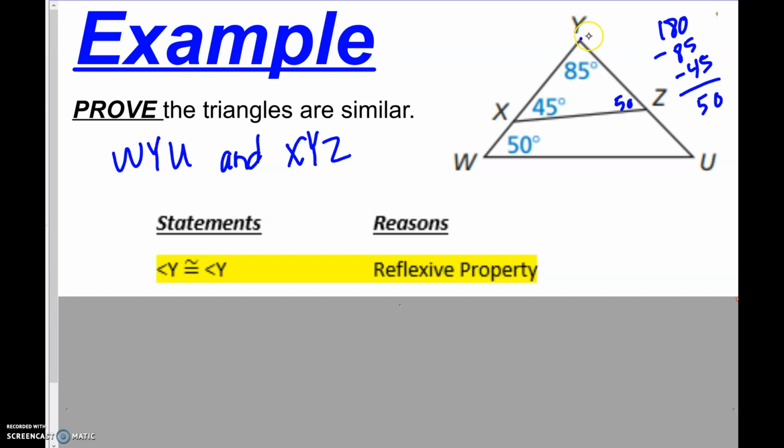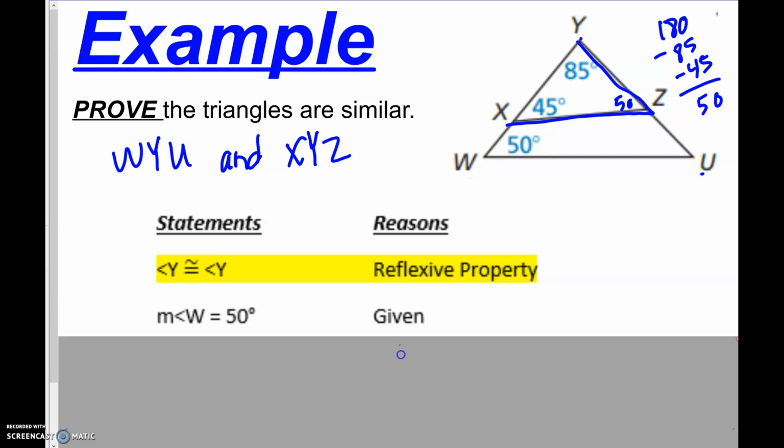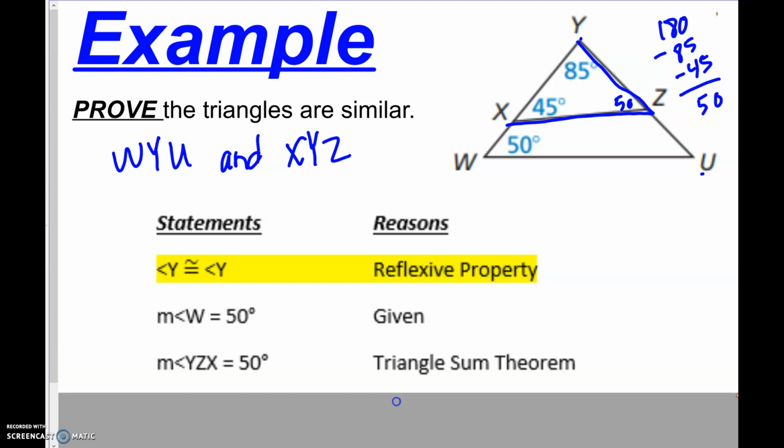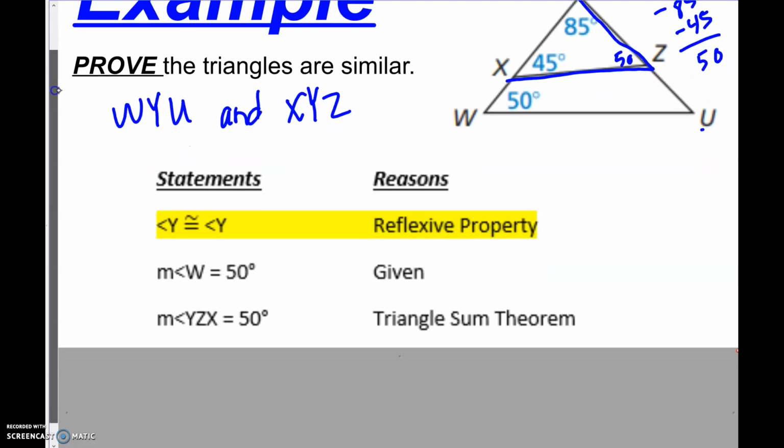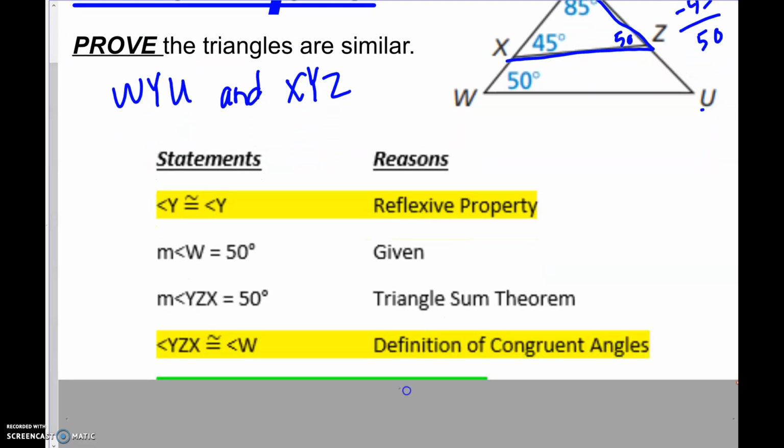So now I can say YZX is 50 degrees because of the triangle sum, and then we're given YWU, we're given that information. So there's your given, and then there's the other angle by triangle sum. So now we have two angles congruent.